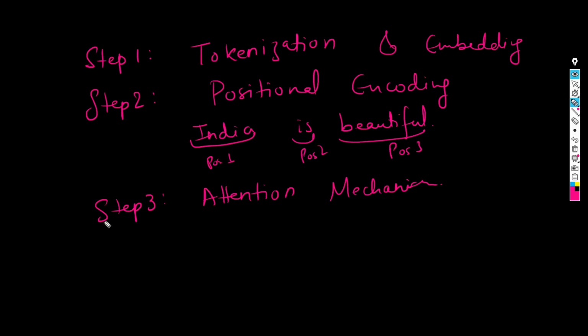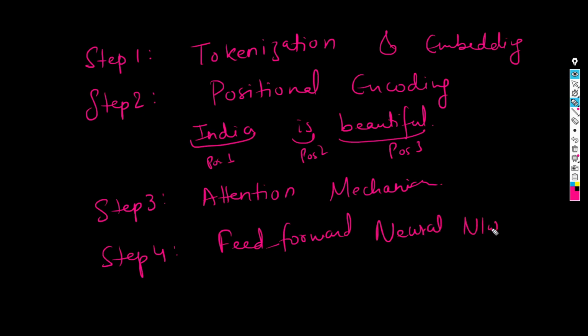Now comes step 4, the feed forward neural network. After attention, every word's representation is passed through a small neural network to mix and refine the information. That's what we do in the feed forward neural network.